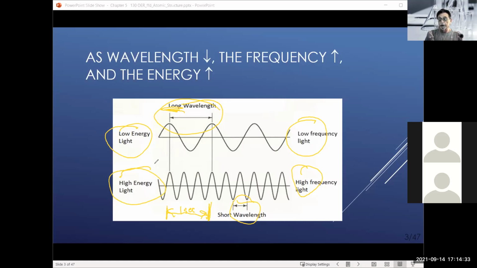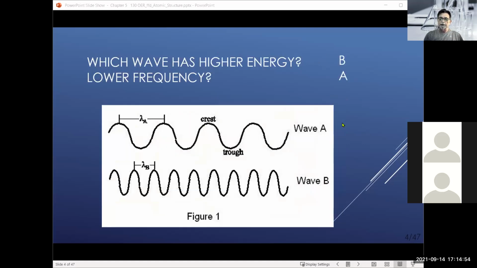High enough, X-rays will go right through you and cause all kinds of problems, tissue damage, and so forth. All right, so that's the difference between long wavelengths and short wavelengths. Wavelength goes down, frequency goes up, energy goes up, and vice versa.